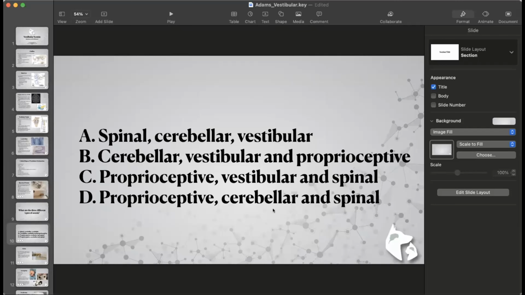One for B, so cerebellar, vestibular, and proprioceptive. Another one for A. Another one for B. All right, I'll give you guys 2 more minutes, and then we'll move forward.